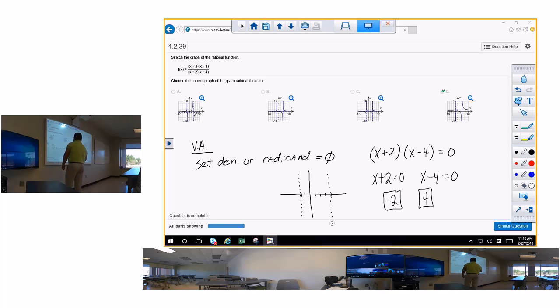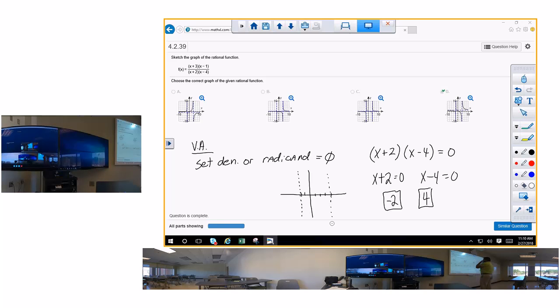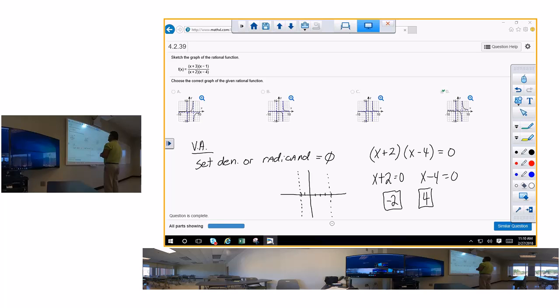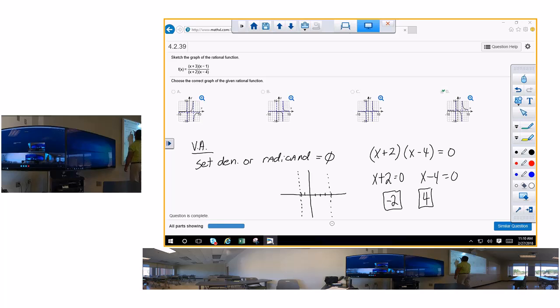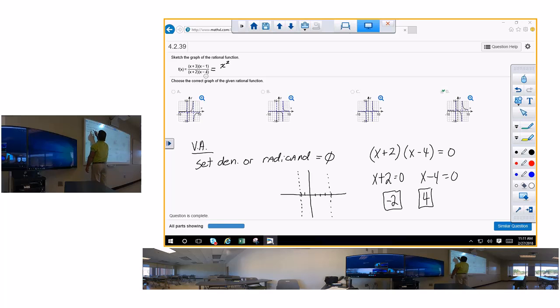We also know, for right now, you go ahead and use your FOIL method and let's see what this looks like. It's equal to x squared plus 2x minus 3, using our FOIL method, over x squared minus 4x plus 2x minus 8.